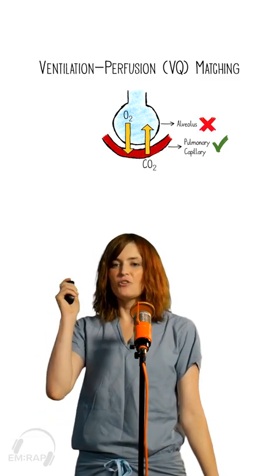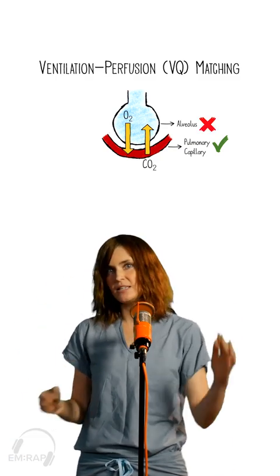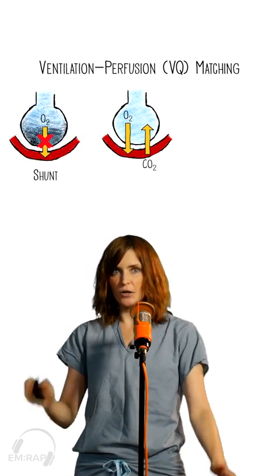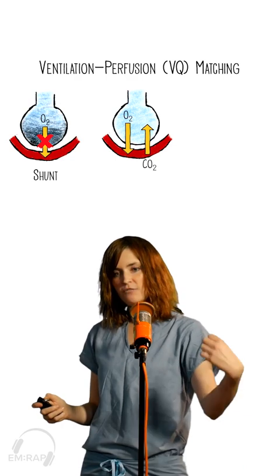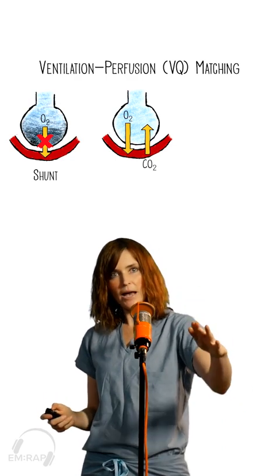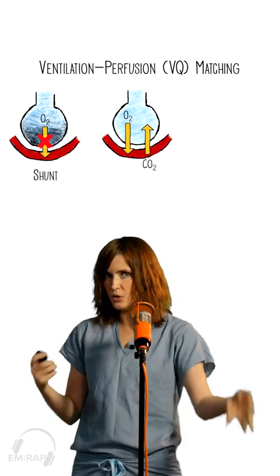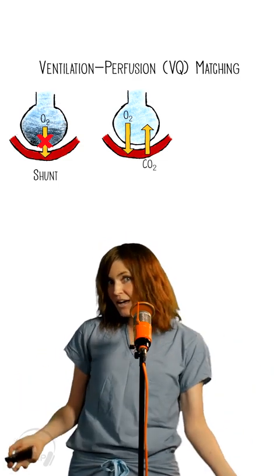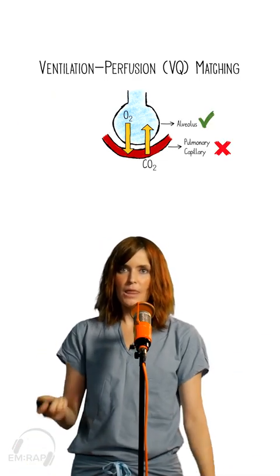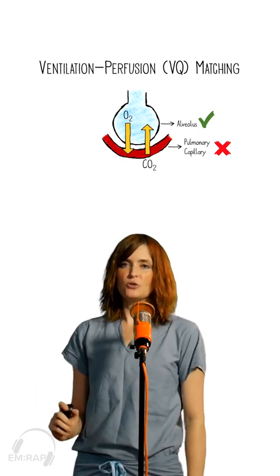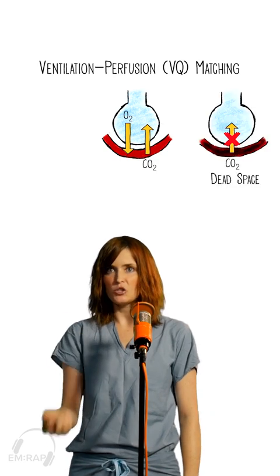Now, in order to match these two things, you have to have your alveoli functioning and your pulmonary capillary also functioning. If your alveoli stops functioning, but you still have good pulmonary capillary function, you end up with a shunt. That primarily affects your oxygenation. Why? Because you can send as much blood as you want by that alveoli, but it doesn't matter because oxygen can't get to it. What about the opposite scenario? What about if your alveoli is just fine, but your pulmonary capillary not so much?